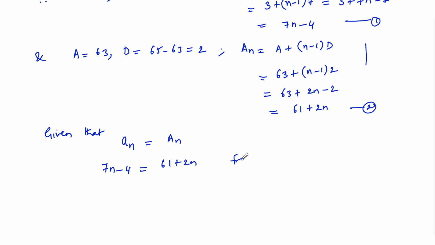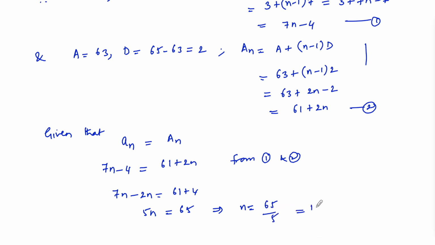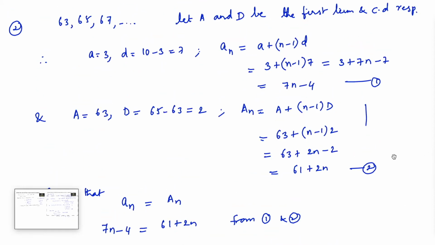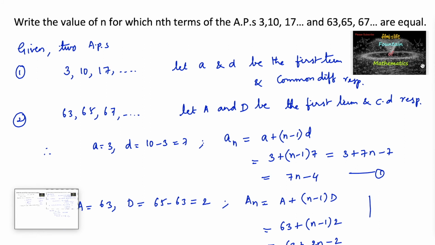So from 1 and 2 we can write 7n minus 2n is equal to 61 plus 4, that is 5 times n is equal to 65, which implies n is equal to 65 upon 5, that is 13. So the value of n is 13, for which the 13th terms of the two A.P.s are equal.